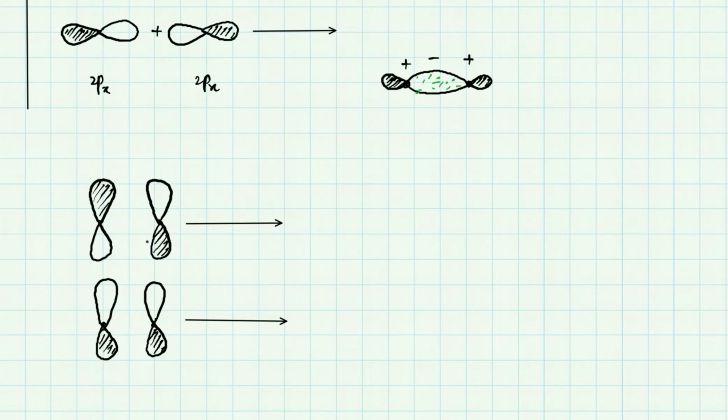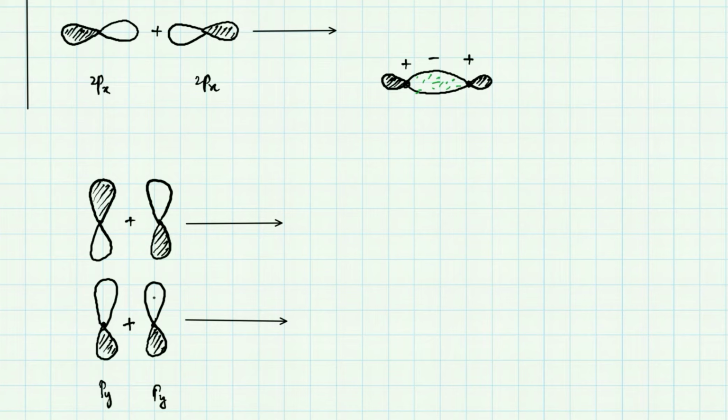Now when the atomic py orbitals approach each other, they can do so in two different ways. That is, the phases of the waves are the same, or they are different while approaching each other.